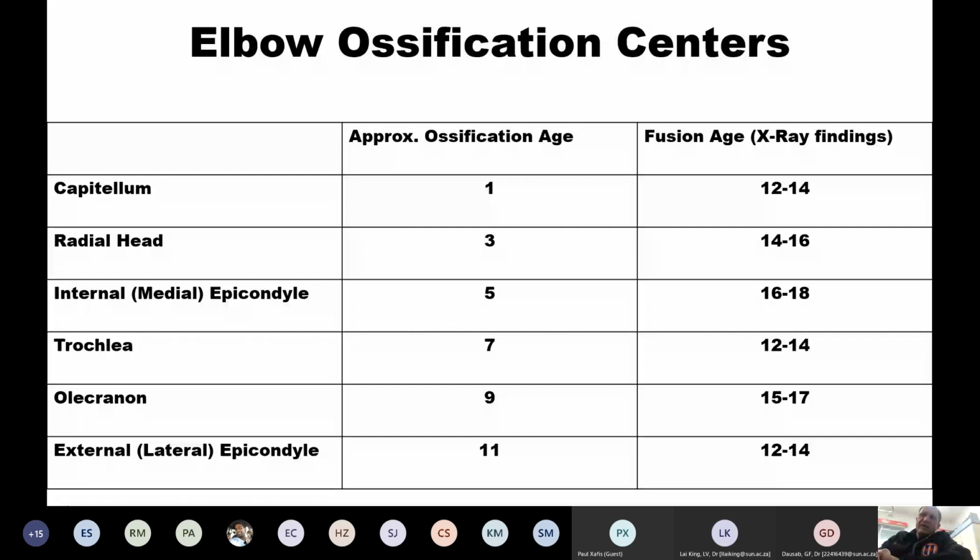The capitellum, trochlea, and the lateral epicondyle fuse first together into a single unit, and then together they fuse to the distal humerus at the age of about 14 to 16. As you can see on the next slide, that will demonstrate how the lateral epicondyle, the capitellum, and the trochlea fuse to the humerus.